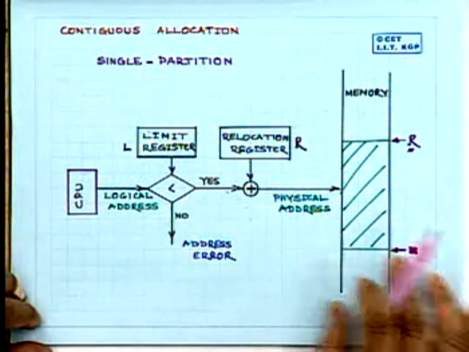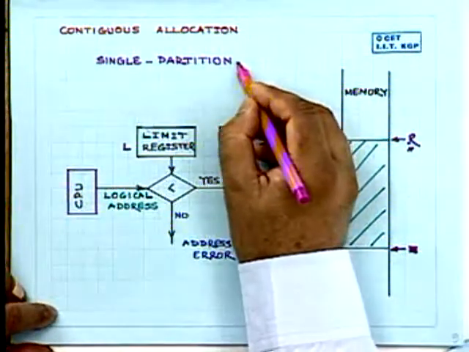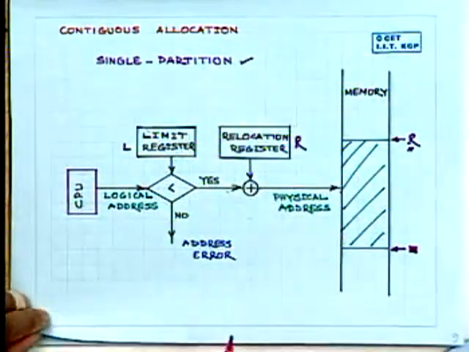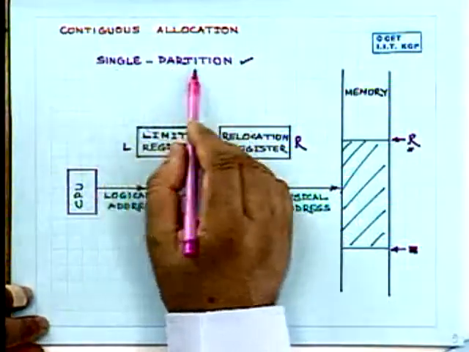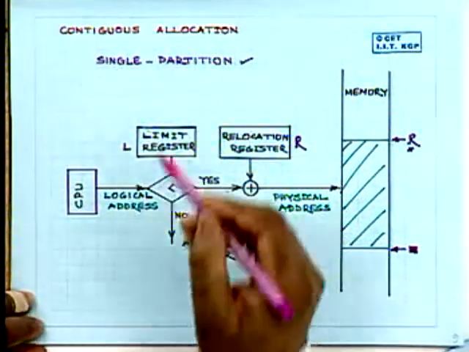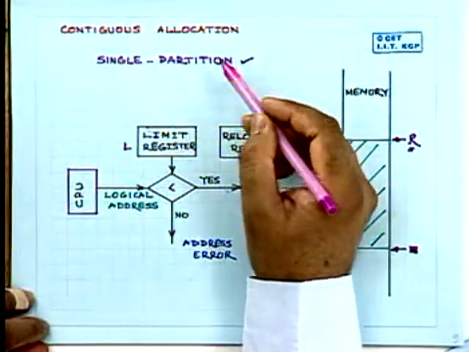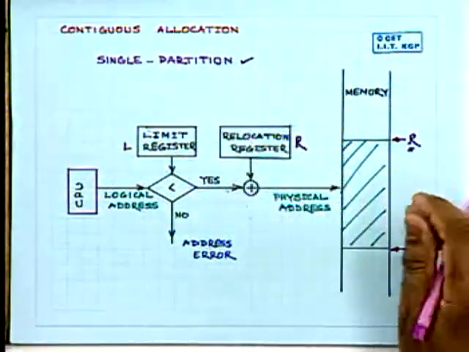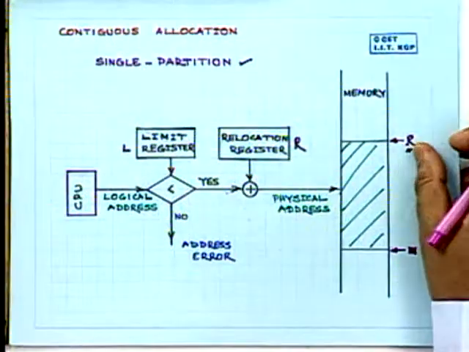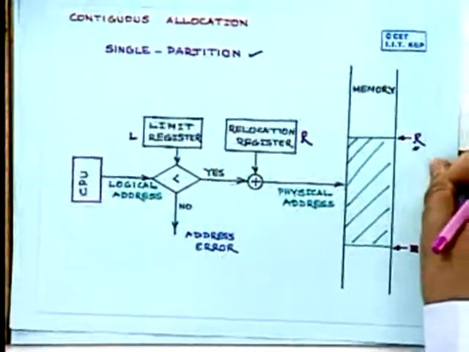Now, this is a single partition that we have used here. Naturally, if we have to put several programs in the memory, we cannot have the single partitioning scheme. We have to have the multiple partitioning scheme, because different processes will be loaded in different partitions. Okay, let us see what happens in the case of a multiple partitioning scheme.